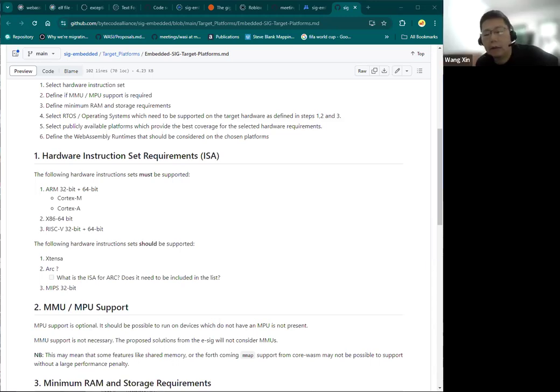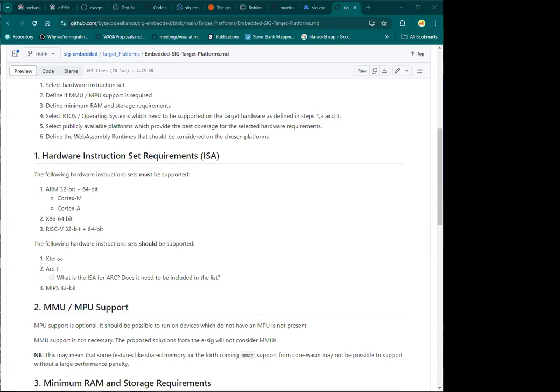I also remember you mentioned the engineers from ESP32 are also working on WebAssembly, right? Yes, we have some communication with Espressif, and they also try to support the WAMR based on their platform of ESP-IDF, which is also based on the Extensa chipset.